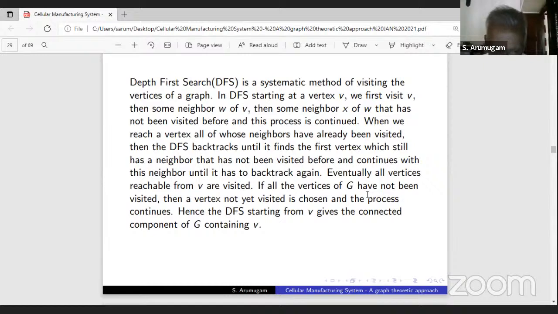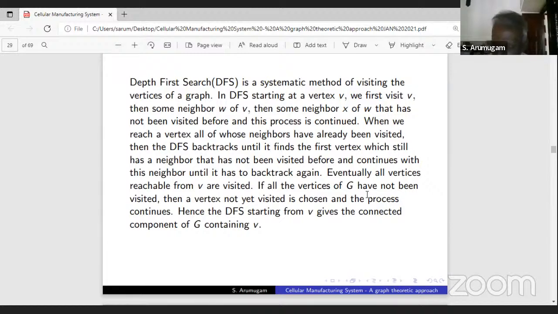In other words, if the graph is connected, you will end with a spanning tree. And if the graph is disconnected, you will end with a spanning forest. So this is the idea. So I have a systematic way of visiting all the vertices of a graph in a specific order.